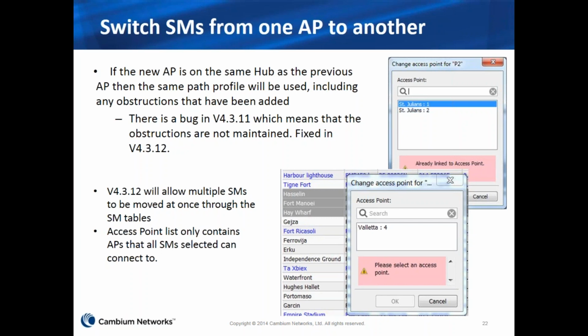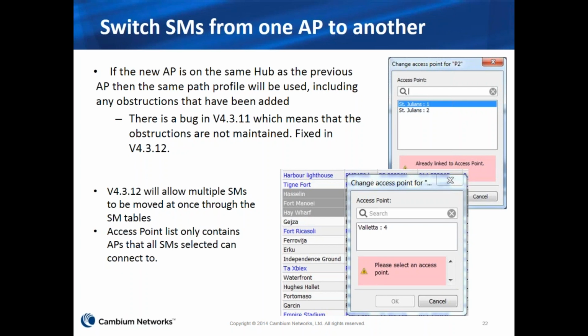In this new release coming out tomorrow, we're also adding an extension to this feature which will allow you to select multiple SMs from the PMP links table view or the links to subscriber module tables view. You can use the usual options to select groups of SMs using Control and Shift.